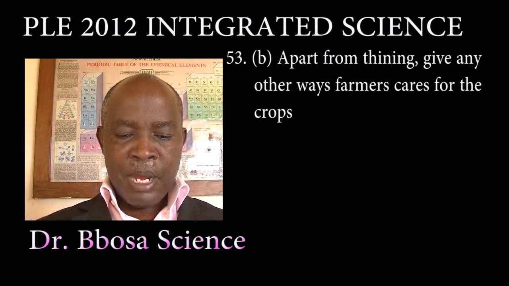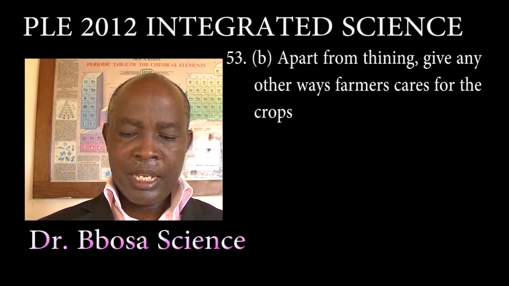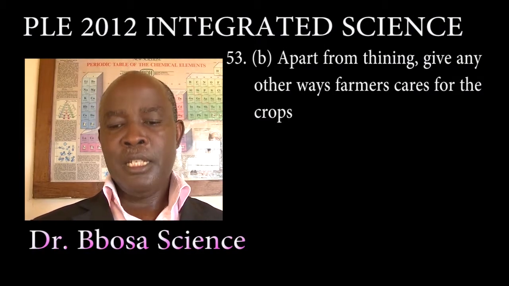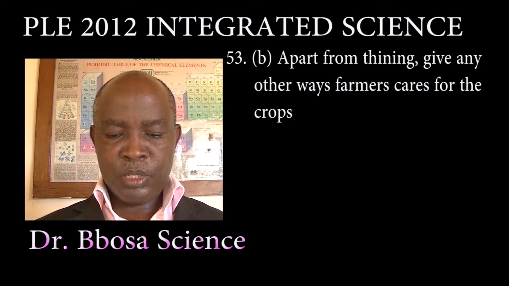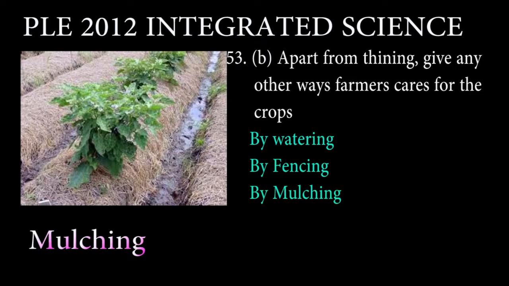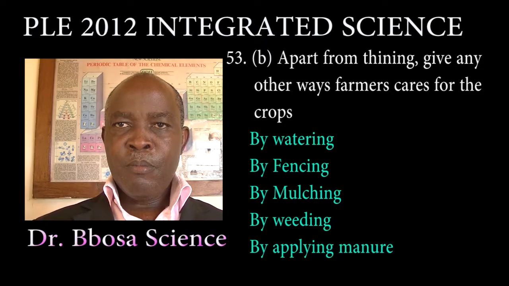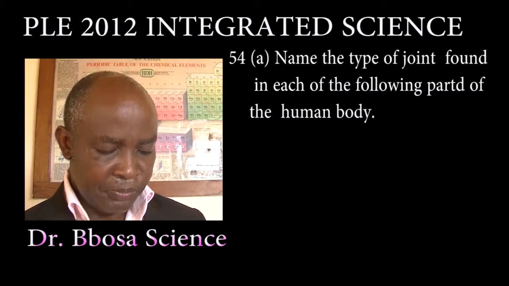B. Apart from thinning, give any 2 other ways a farmer cares for the crops. By watering, by fencing, by mulching, by weeding, by applying manure.